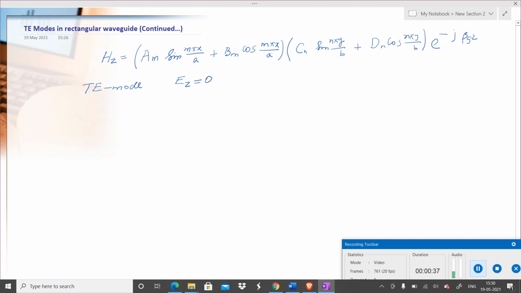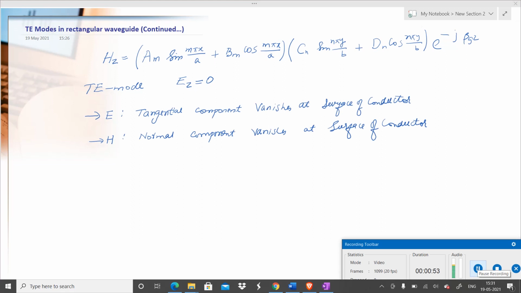Now we would like to further use boundary conditions and simplify this wave equation. So we recall the two famous boundary conditions, one about the electric field and one about the magnetic field. With regard to electric field, we know that the tangential component vanishes at the surface of a conductor, as you saw in the lecture on continuity, and the normal component vanishes at the surface of the conductor.